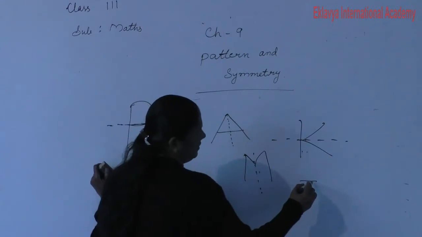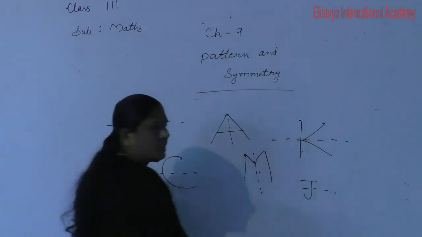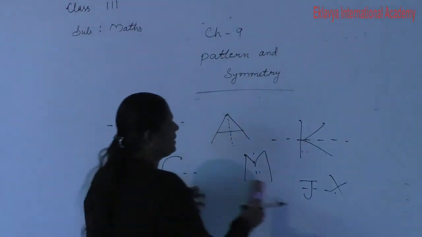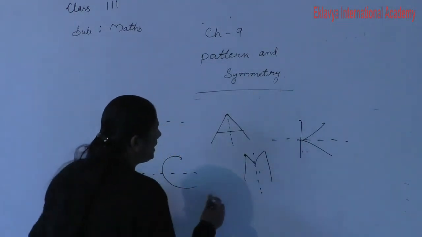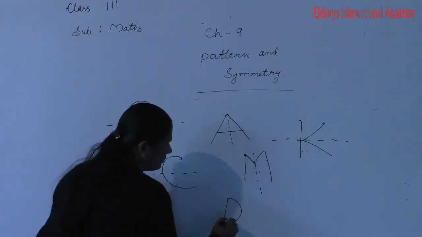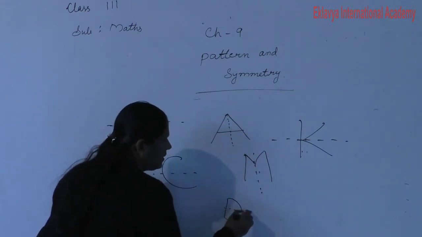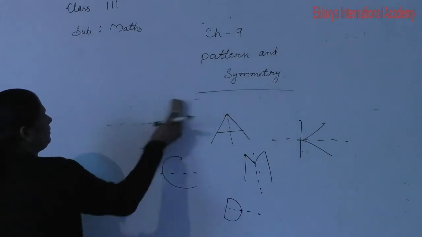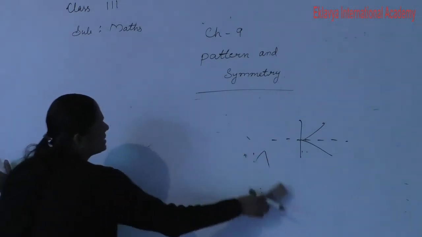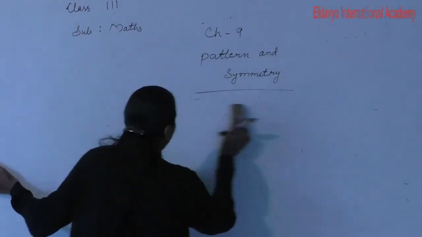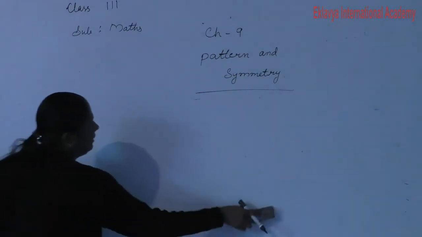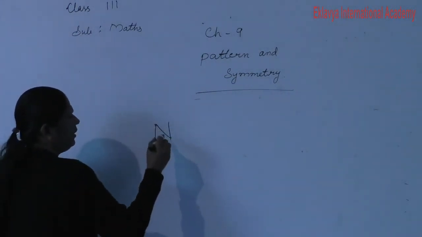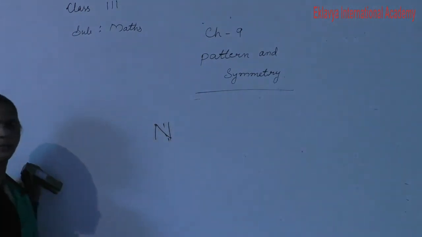J, is this a symmetry? No, this is wrong. Okay. This is the symmetrical part. D, this is a symmetrical part. These are the symmetrical parts. Then N, is this a symmetrical part? No.